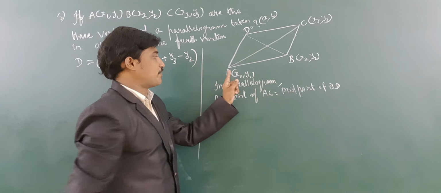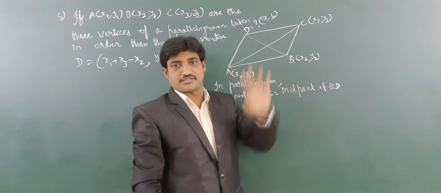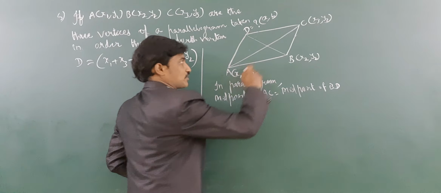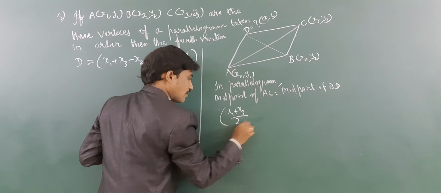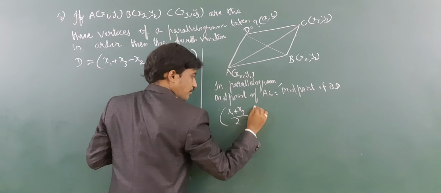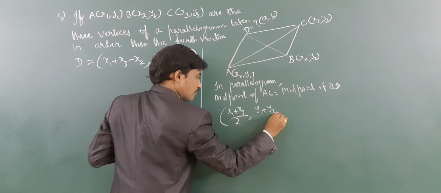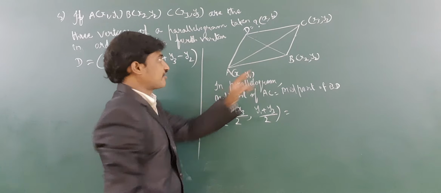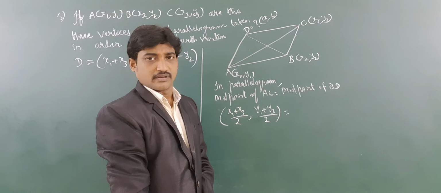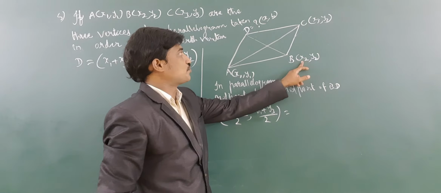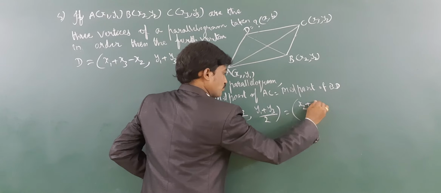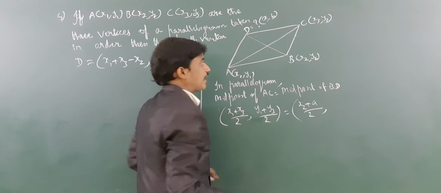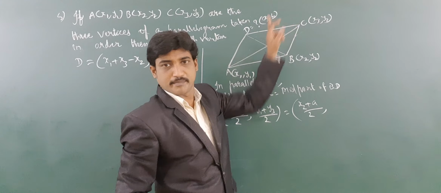Now we need to find first coordinate a and second coordinate b. Midpoint of AC, midpoint of x1 y1 and x3 y3: we have the formula x1 plus x3 by 2 and y1 plus y3 by 2. Midpoint of BD, we have the formula x2 plus a by 2 and y2 plus b by 2.